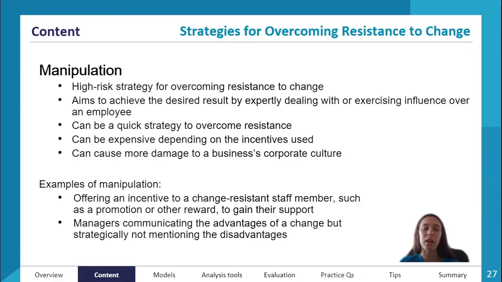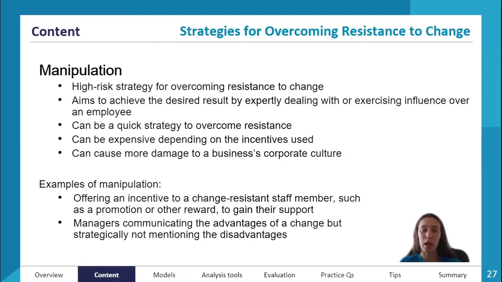But it can cause more damage to the business's corporate culture. While it can be quick, it can be damaging, because if the employees recognize that they're being manipulated, then they probably aren't going to appreciate that. And that can again lead to actually worsening the problem.